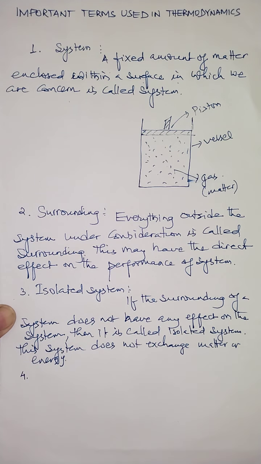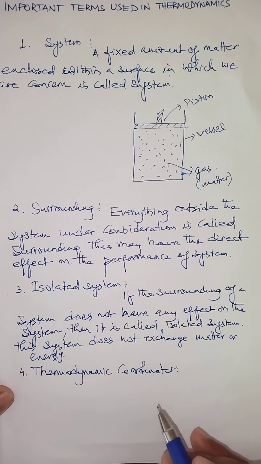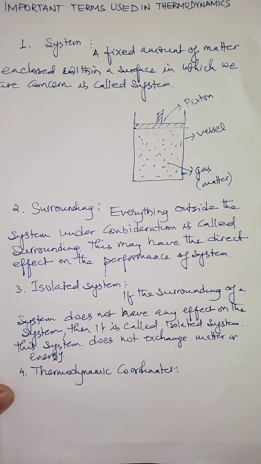Now we go to the next term after the isolated system, and this term is called thermodynamic coordinates. Thermodynamic coordinates are basically physical quantities. These are the physical quantities which are used to specify the state of the system, and these coordinates are called thermodynamic coordinates.